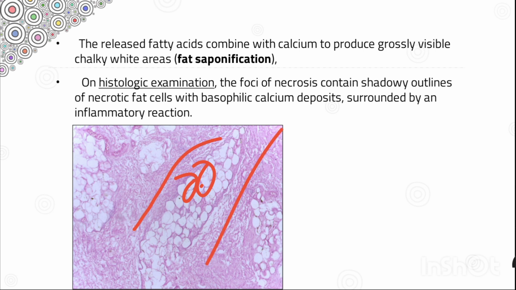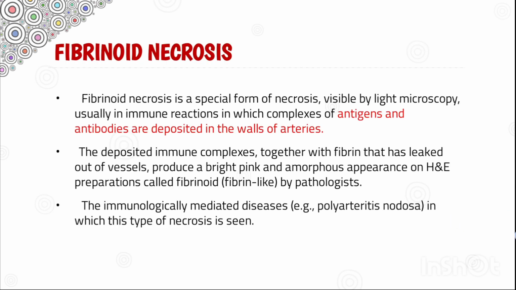Next is fibrinoid necrosis. Here it is usually in immune reactions, that is, antigen and antibody complexes get deposited on the walls of arteries, and when stained they appear bright pink and amorphous in nature, and the preparations are called fibrinoid.